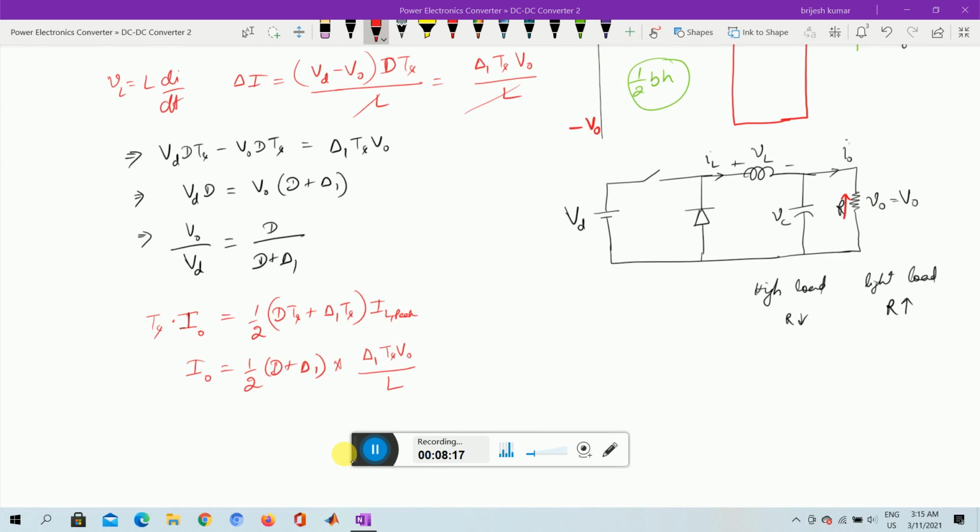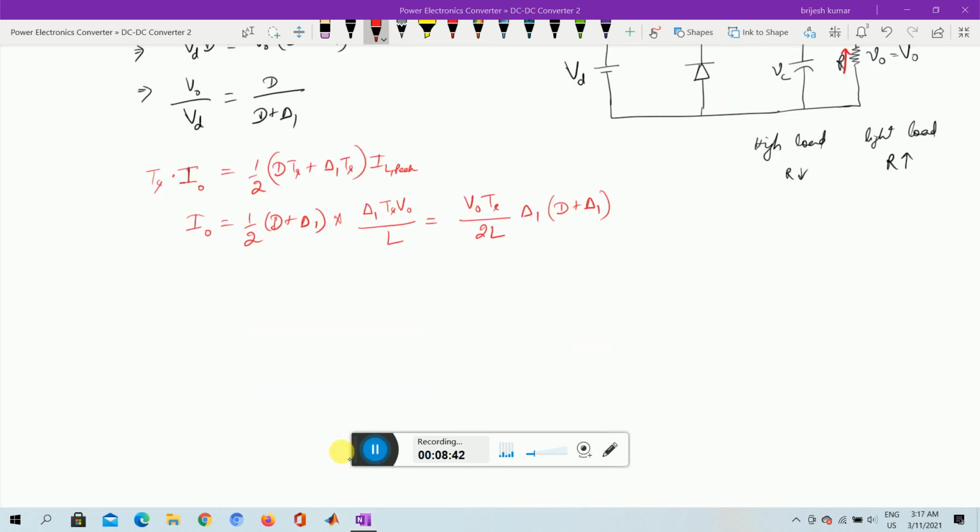From here we have taken the del I value as del 1 Ts V0 by L. We substitute that and that will give us a value V0 Ts by 2L into del 1 into (d plus del 1). We get the value of I0 like this. Now we need to convert this V0 term in terms of Vd.